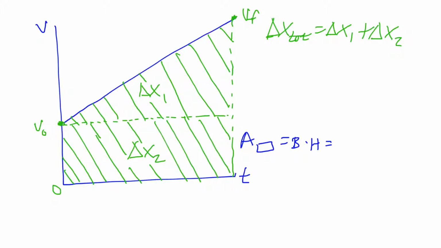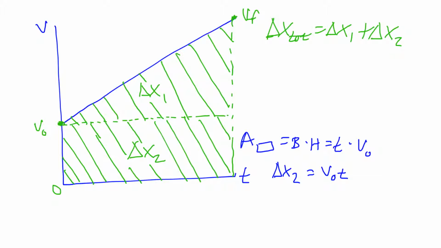So the base is time, and the height is the initial velocity. So delta x2 is equal to v naught t. This little 0 is spoken "v naught," and it just means the initial velocity. You could also use v sub i, but I like v naught.